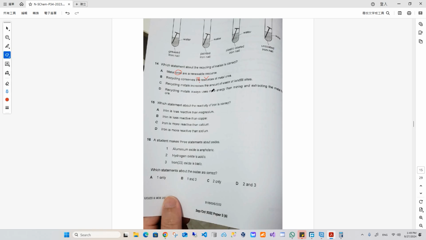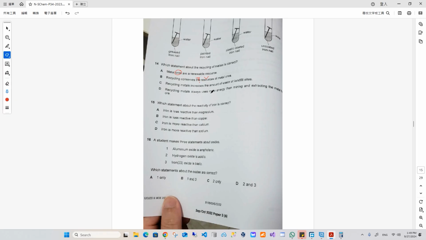Recycling metal always uses more energy than extracting metal from ore. This is actually a big trick if you are politically not correct, because recycling involves a lot of other things, including manpower and trucks moving. Actually, it uses more energy than simply extracting from the furnace.